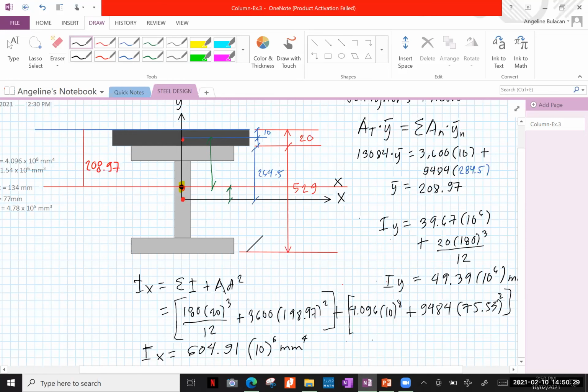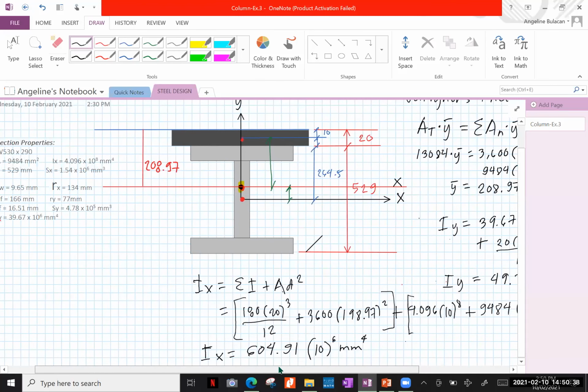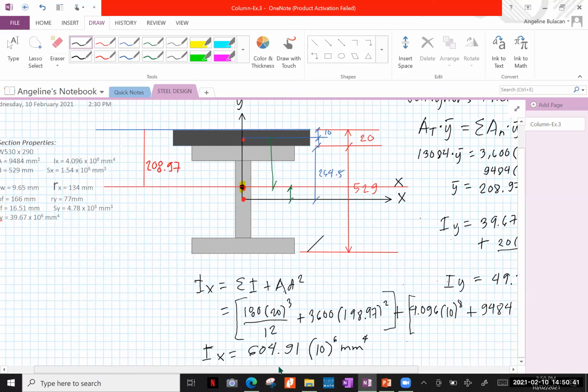Now, what's next? What's next is compute natin yung radius of gyration, and then we will get the least value. So, substitute nyo lang sa equation na R, gawin natin Rx is equal to square root of Ix over A. Ang A is the total area. Paki-compute. So, square root of 604.91 times 10 raised to 6 divided by the area. Ano yung area natin? 13,084.215.